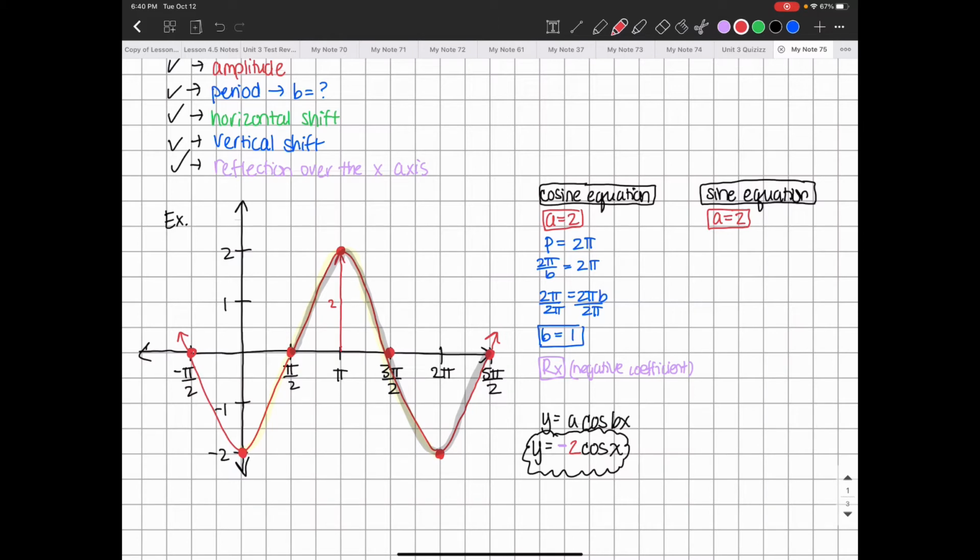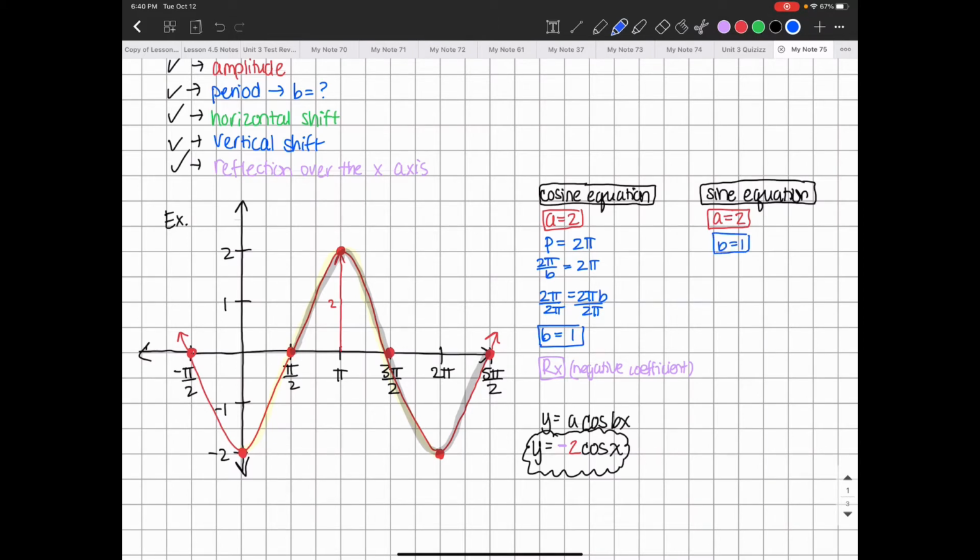And even though the maximum and minimums change a little bit, they change where they are horizontally. They're still vertically going to be the same. And the center is still going to be the same. So I also know that the period is 2 pi. If I go from pi over 2 to 5 pi over 2, that's 1 cycle. I know that that is 2 pi. So b is equal to 1. We already solved for that, so I don't need to do it again.